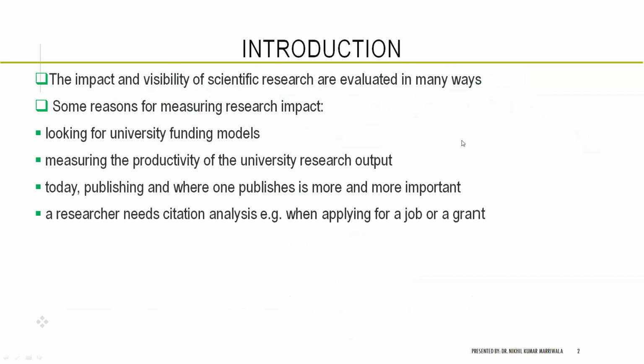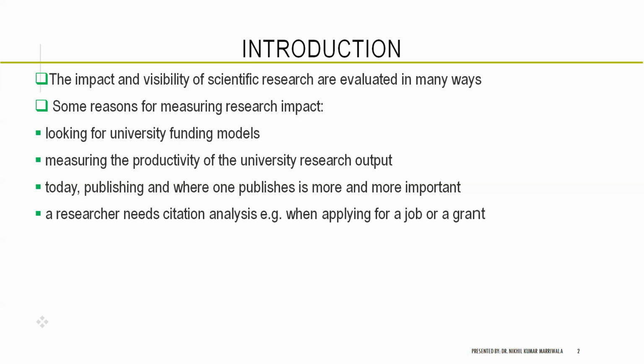So in this particular talk today, we'll be talking about the impact and visibility of scientific research, which are evaluated in different ways. There are so many ways for research to be evaluated. So why we are trying to measure this research impact is pretty important to understand.